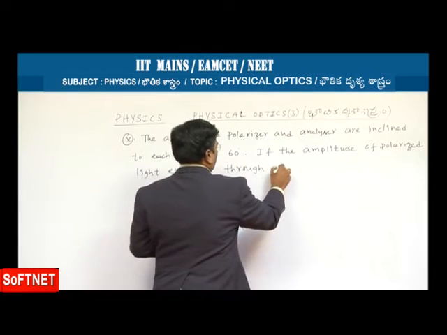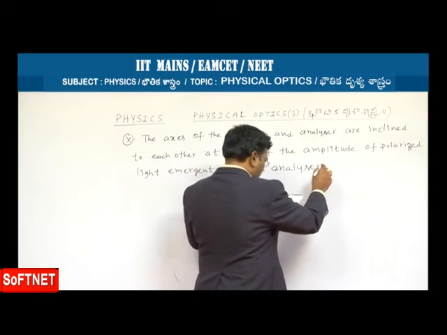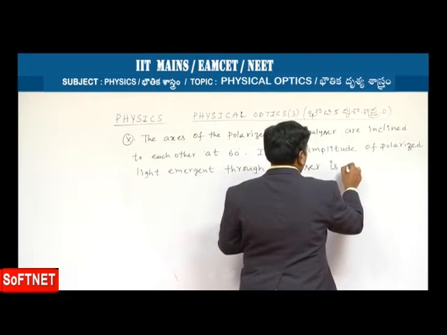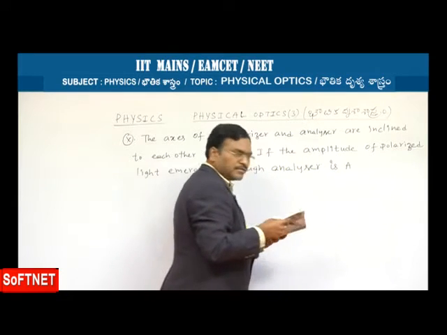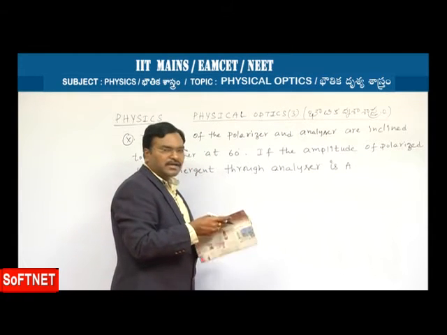Through analyzer is A. Now, we want to calculate the amplitude of unpolarized light incident on the polarizer.